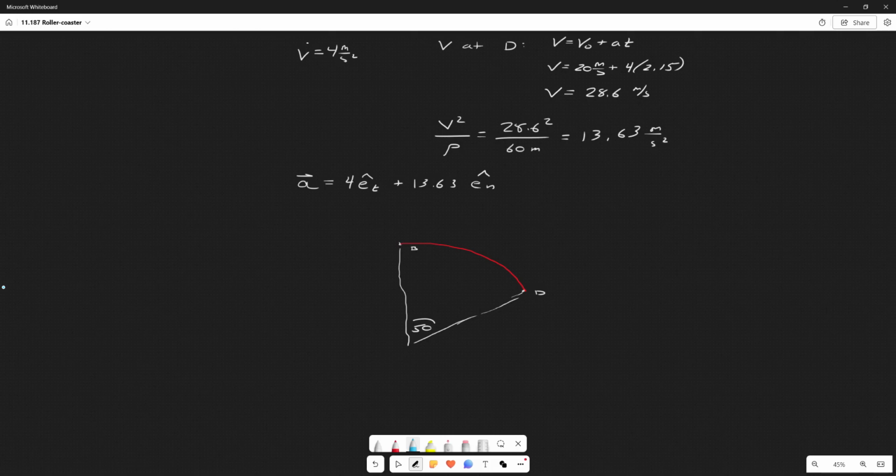So e sub t is going to be tangent to the curve at D. It's going to look like that, and that has a magnitude of 4. And the normal acceleration vector will point towards the radius, just like I've drawn it. And that's going to have a magnitude of 13.63. So that is the acceleration vector, except it's represented using basis vectors of the transverse and normal components.